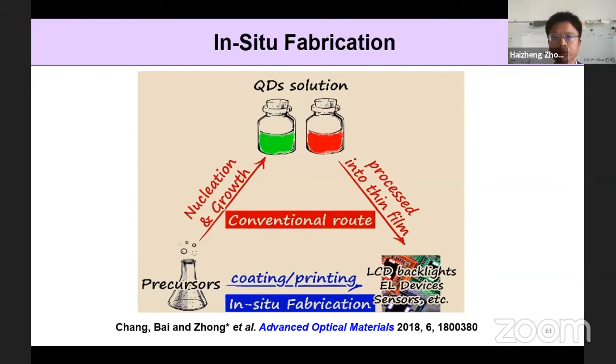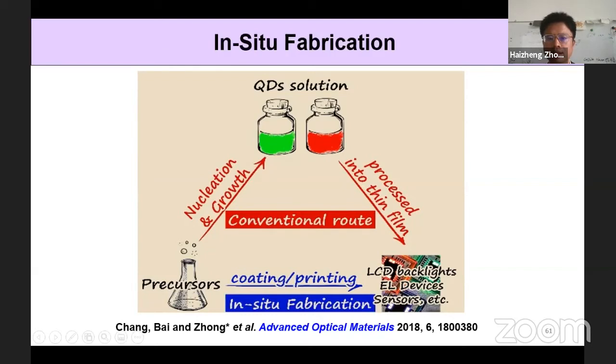For conventional QDs, as I mentioned before, they start from precursors and experience nucleation and growth at high temperature to form QD solutions. Then the QDs are purified into a highly concentrated solution, and further processed into thin films or incorporated into polymer composites for applications.